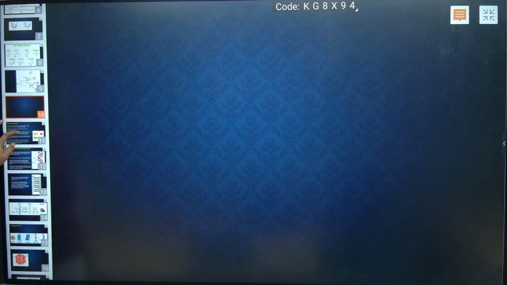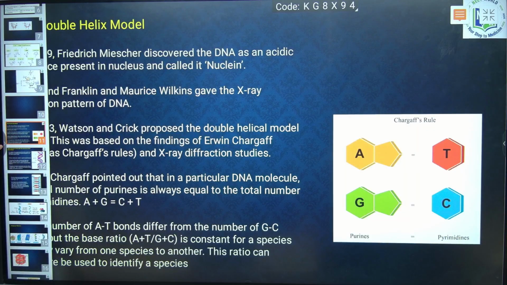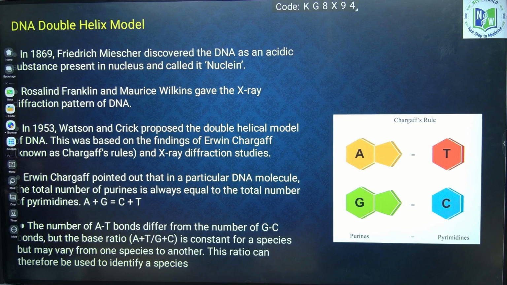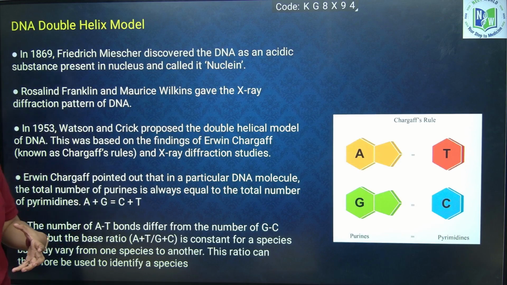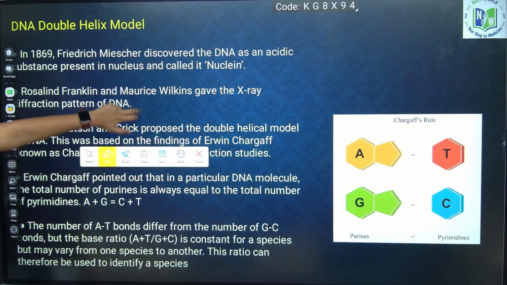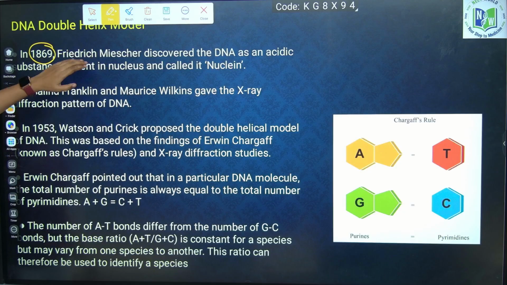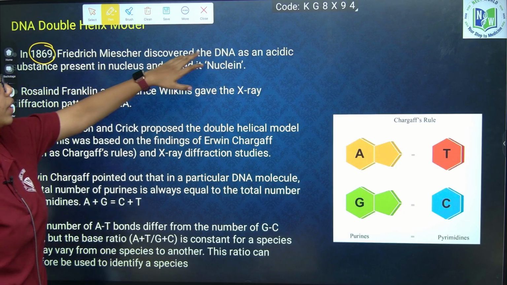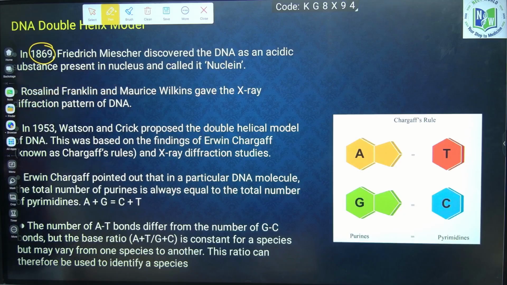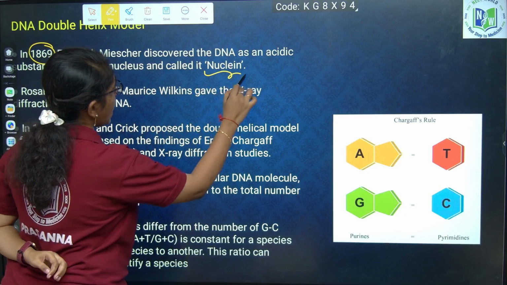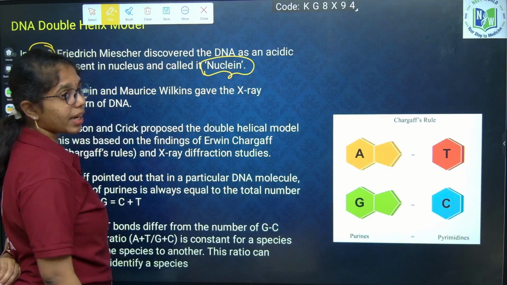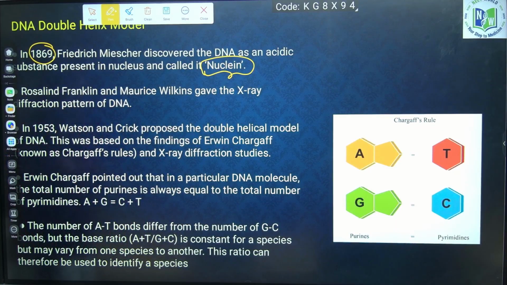Next, the Watson and Crick model of the double helix. Firstly, the discovery: in 1869 Frederick Miescher discovered DNA as an acidic substance present in the nucleus, and he named it nuclein.